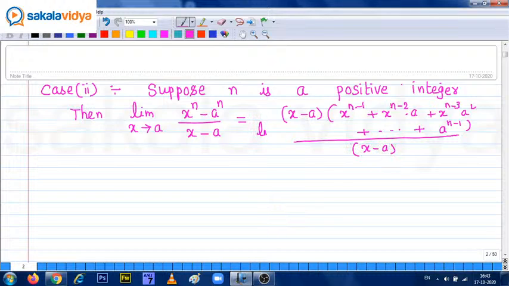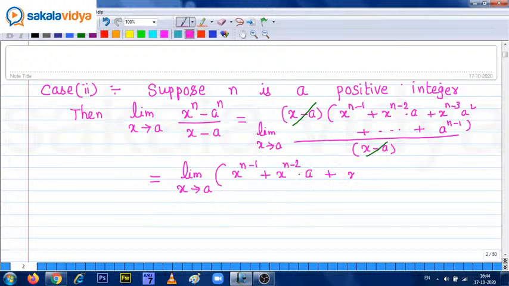Now limit x tends to a, this x minus a gets cancelled, common factor. So now we have limit x tends to a, x to the power of n minus 1 plus x to the power of n minus 2 into a plus x to the power of n minus 3 into a square plus so on, a to the power of n minus 1.